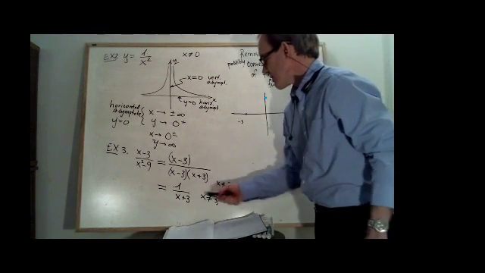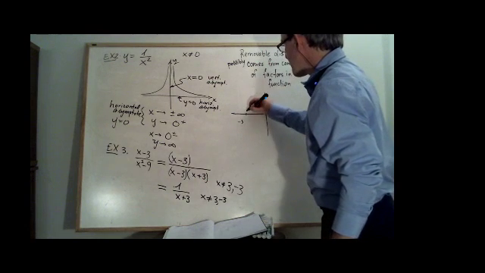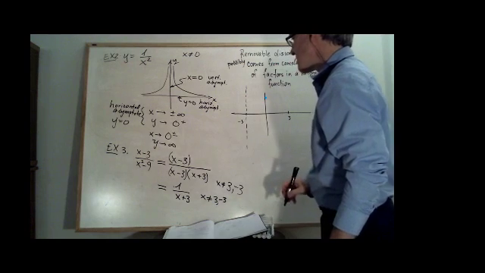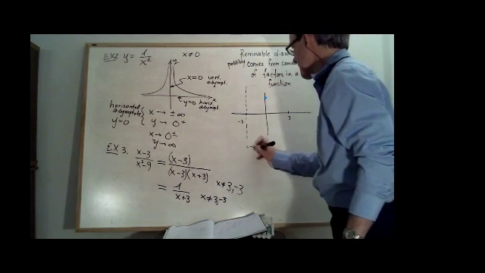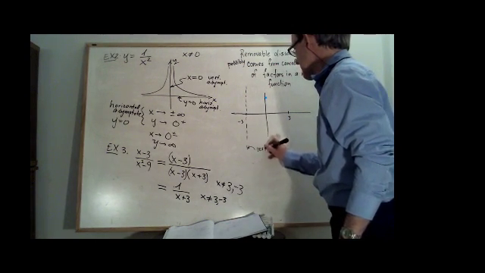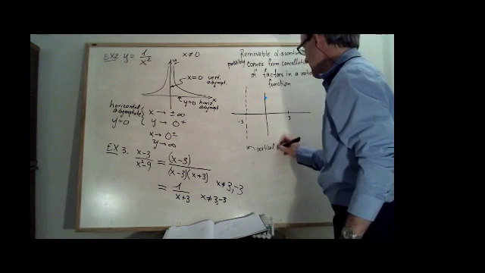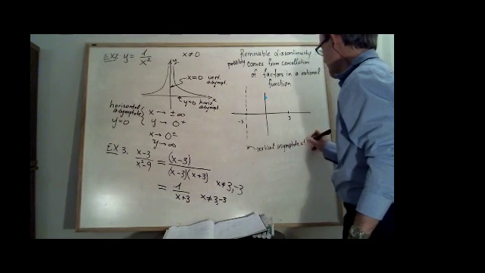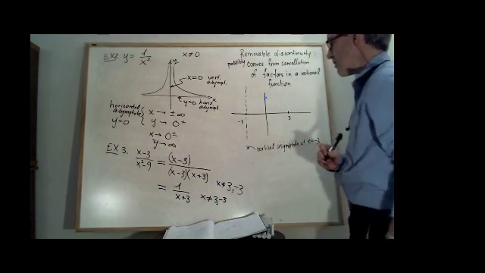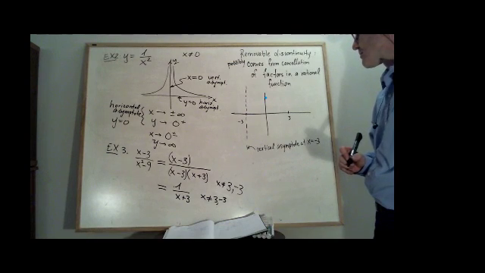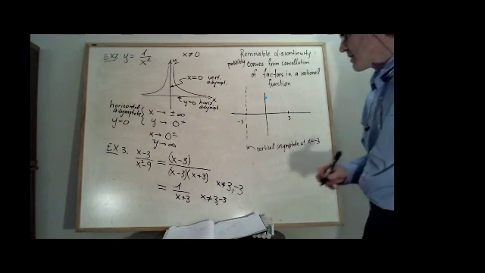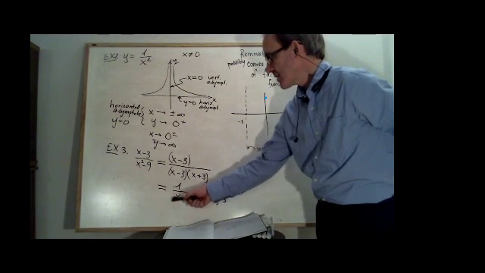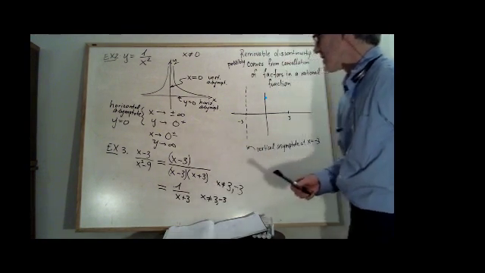Now this x equals minus 3 does correspond to a vertical asymptote at x equals minus 3. Why is that? Well, you can think of putting in numbers. As you put in values of x which get closer and closer to minus 3, this whole thing will get closer and closer to 0.